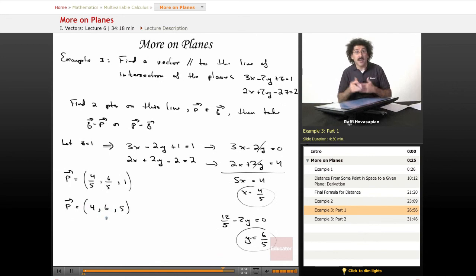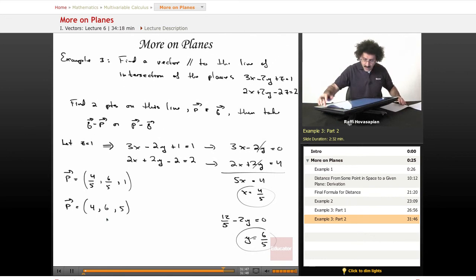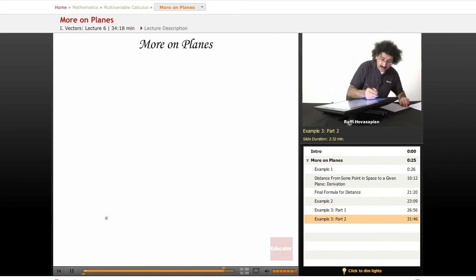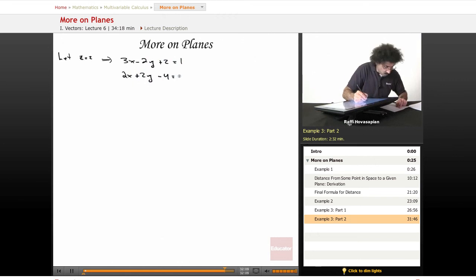Now I'll do the same thing with another point. I'll choose another z and run the same process. This time we will let z equal 2. We get 3x minus 2y plus 2 equals 1, and 2x plus 2y minus 4 equals 2.